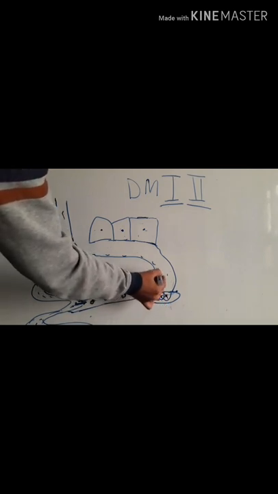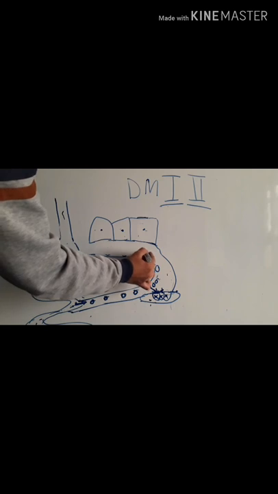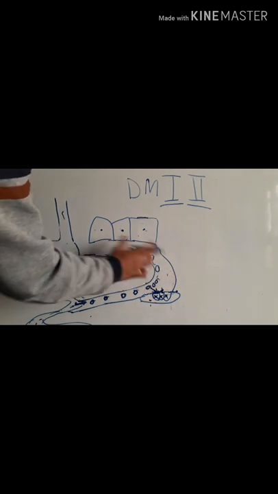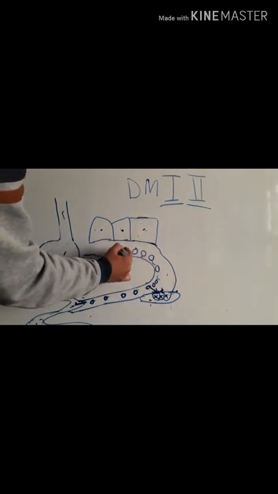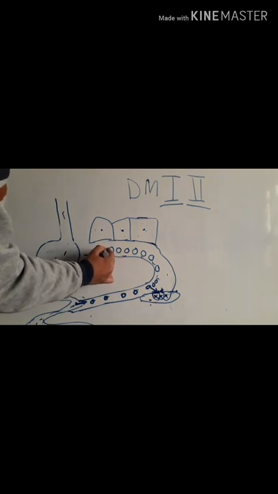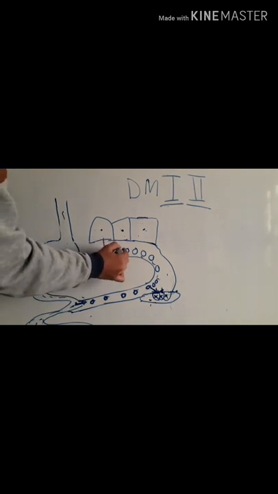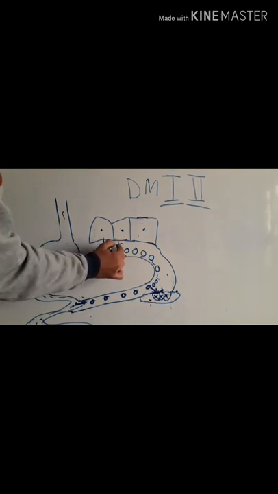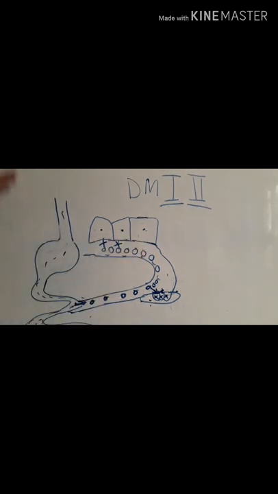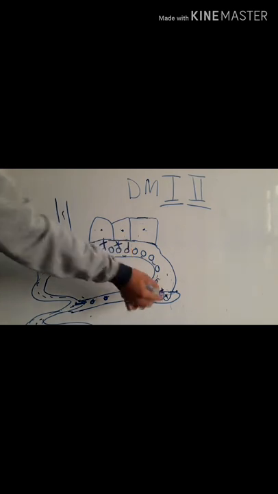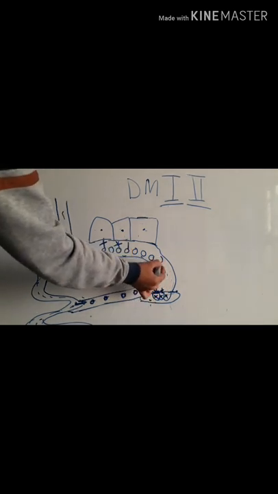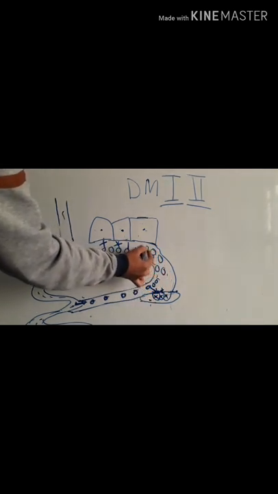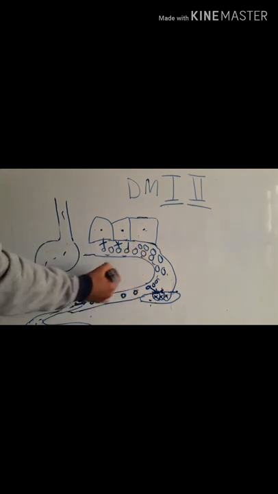So sugar in the circulation can't enter the body cells because there is no insulin.